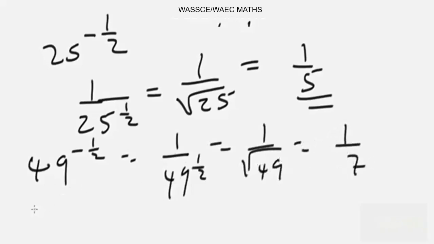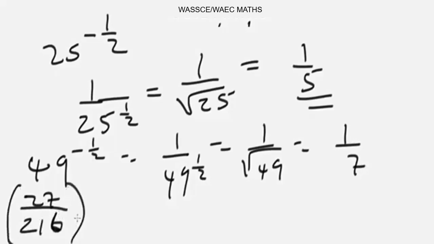That's the answer. And lastly, before we end the class, what if you're given 27 over 216, in brackets, with the power minus 1 over 3? Since we have a negative fractional power, we're going to invert it.